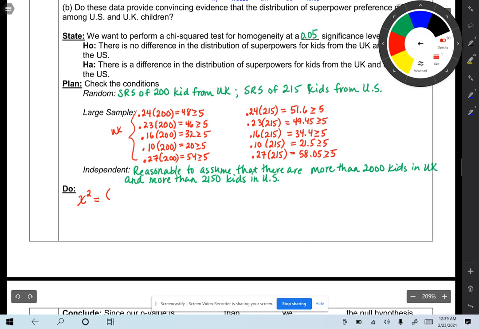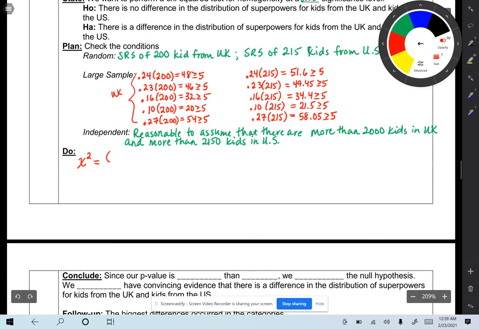So when doing this, our observed was 54, but our expected was 48, squared divided by expected. For freeze time, it was 52 observed minus 46, quantity squared, over 46.